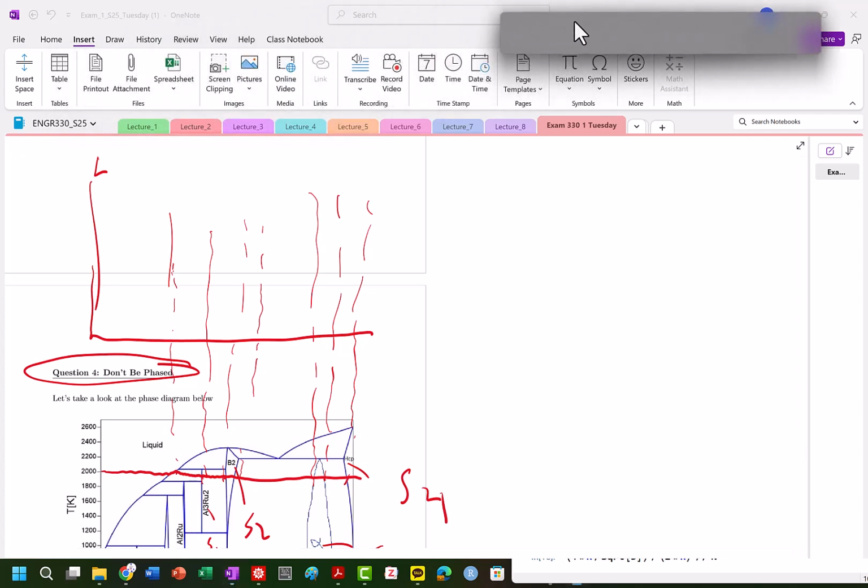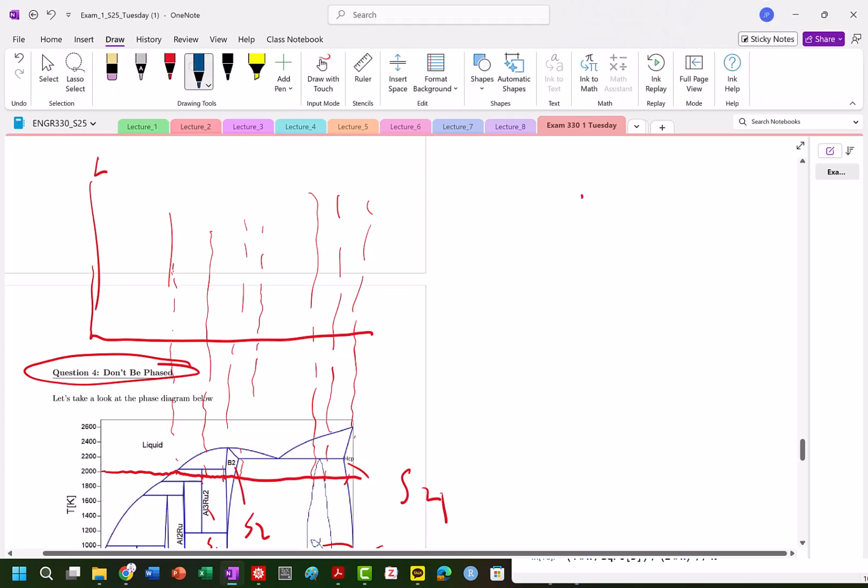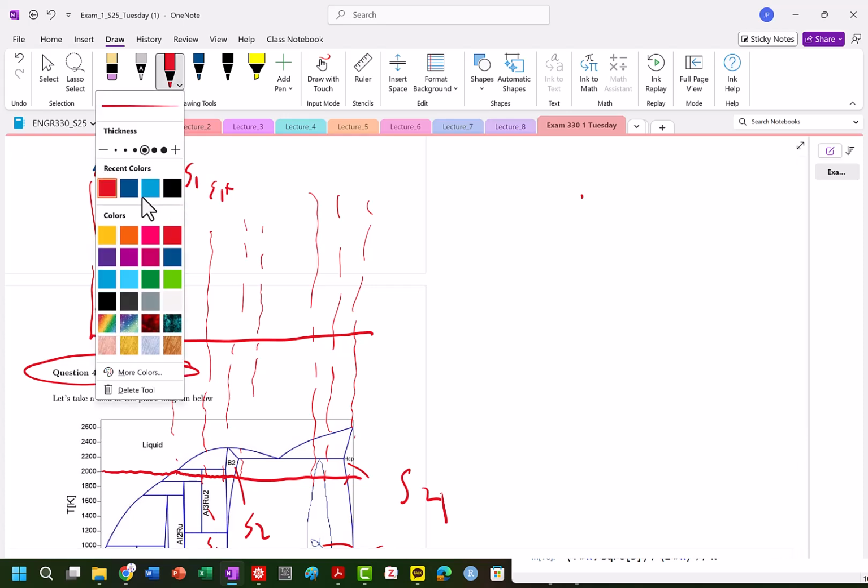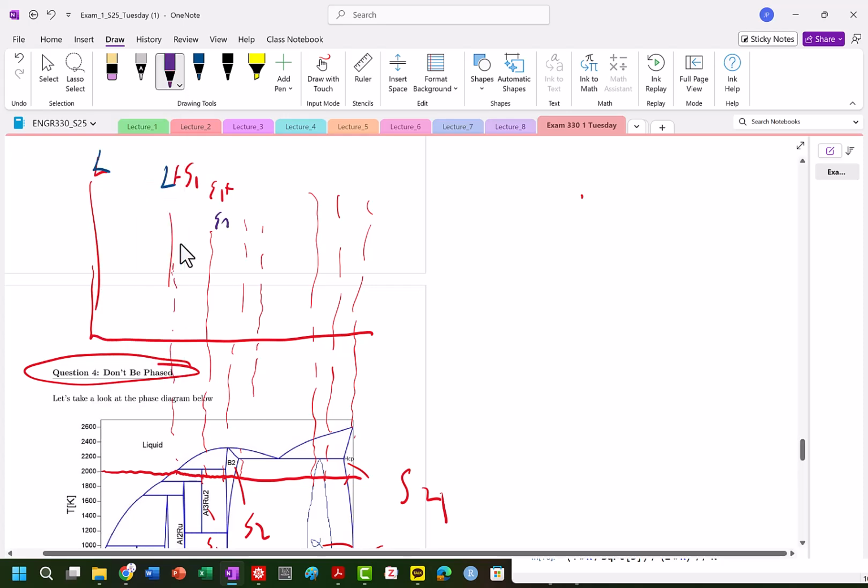Then, actually, let's go ahead. Where's my drawing? So I'm going to say here we're liquid. Here we're liquid plus S1. And then from here to here, we are going to be S1 plus S2. And then we're sitting in S2 for a while.